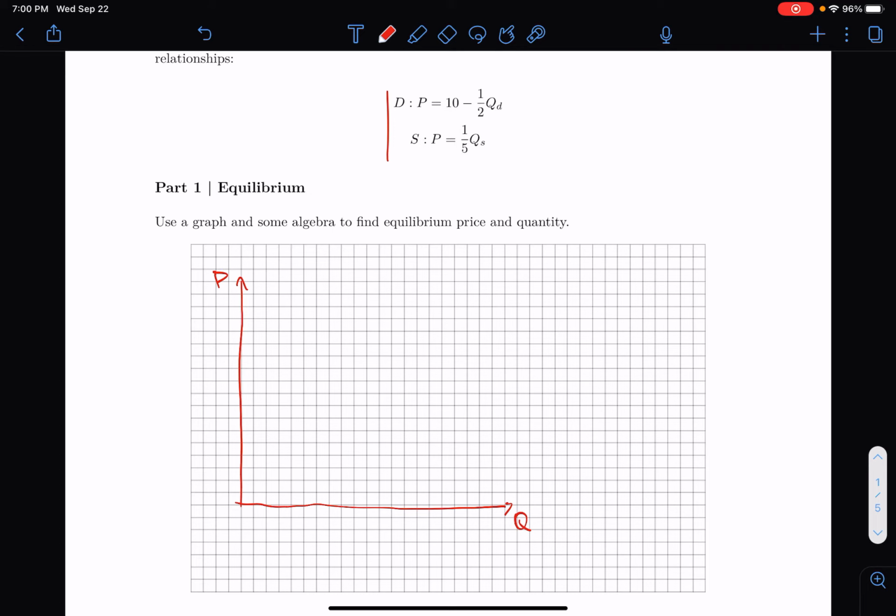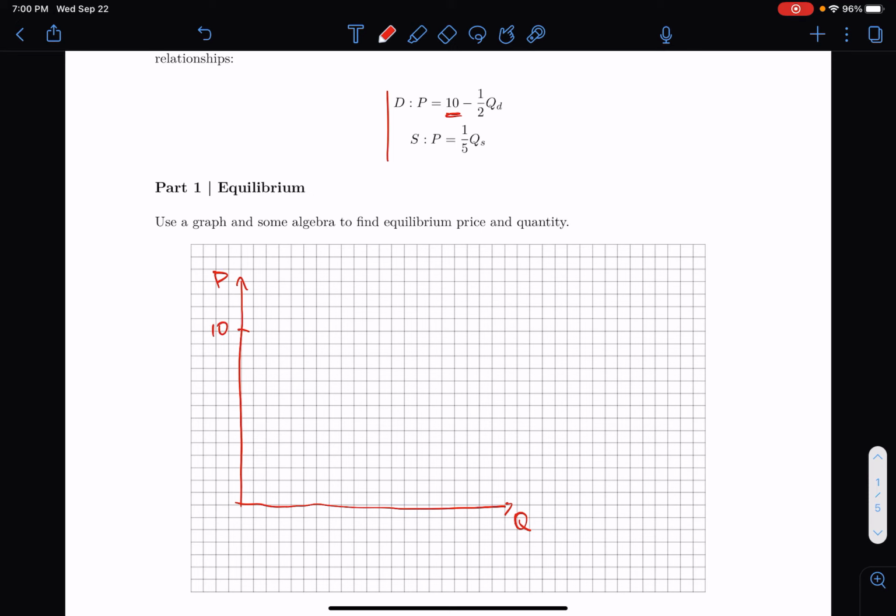And we want to find a way to plot these. So the first thing to do is to realize that with the demand curve, when the quantity is 0, all we're left with is an intercept of 10. So let's use that as the vertical intercept.